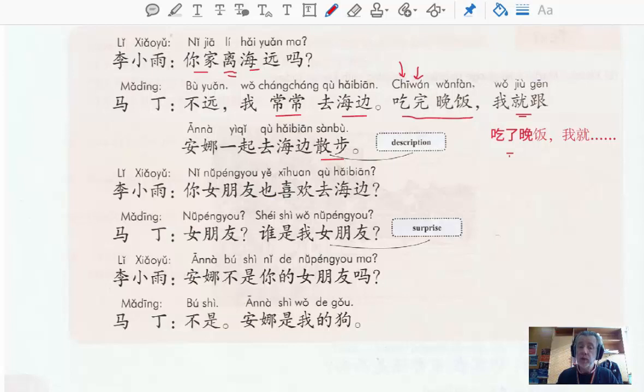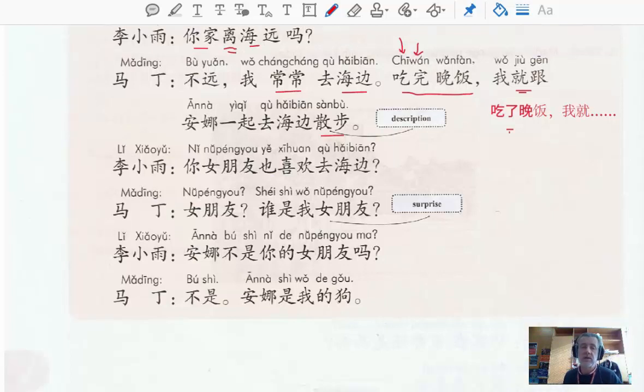But when it's combined with 步, a step, so when you walk, you take a step, 散步 together means to go for a stroll or go for a walk. So this whole thing is, after I finished eating dinner, I then, with Anna together, go to the seaside for a walk. And obviously you reorganize that into proper English.